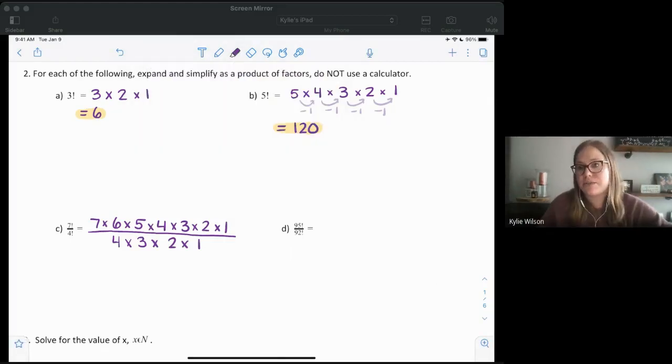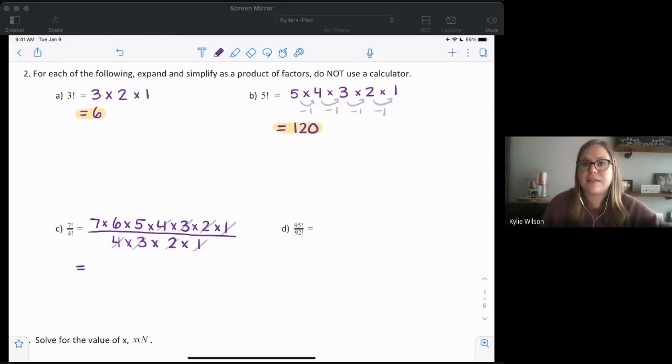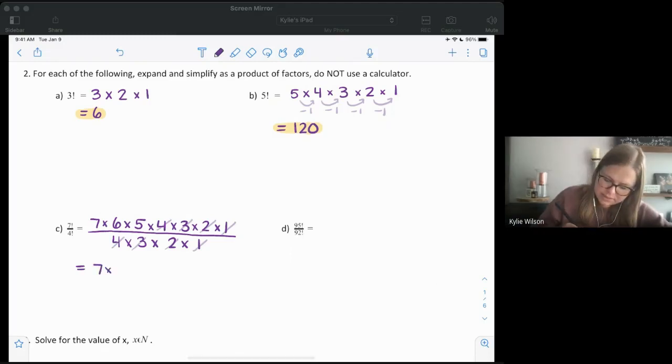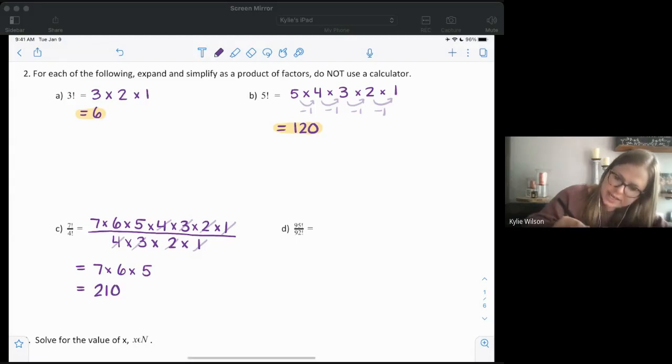Now what I want to do is cancel some things. So these cancel, these cancel, these cancel, and these cancel. So I'm left with 7 times 6 times 5. And if I were to multiply that, we have 7 times 6, which is 42, multiplied by 5 is 210.